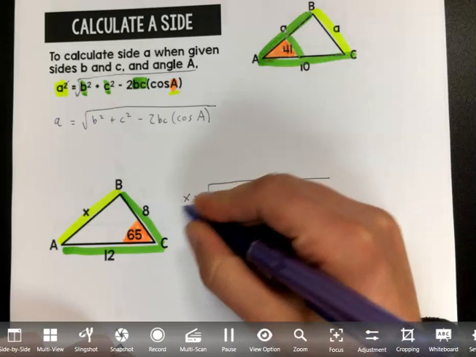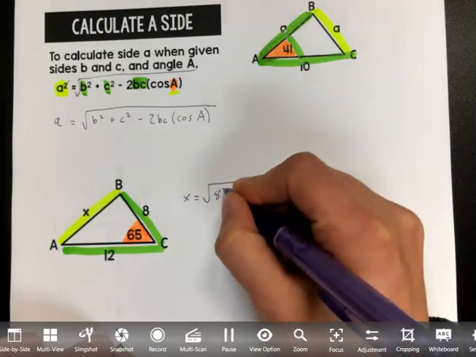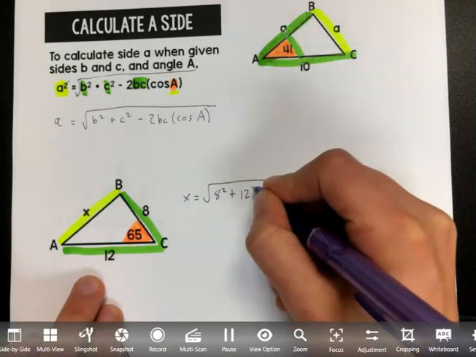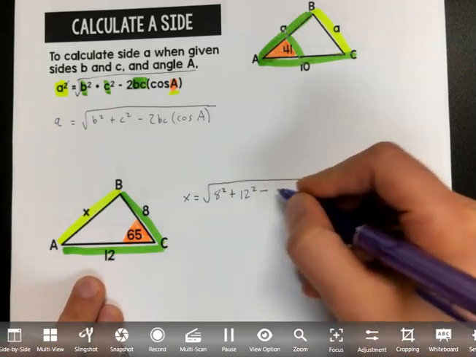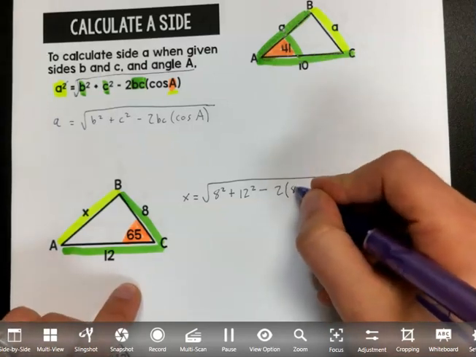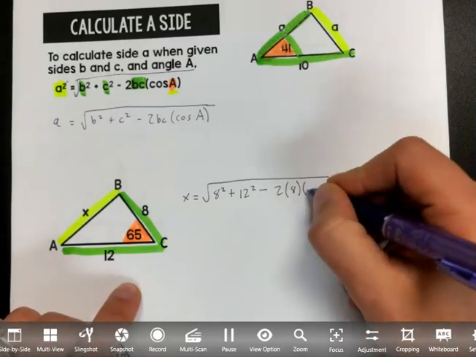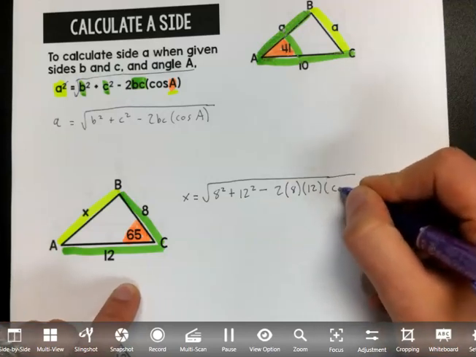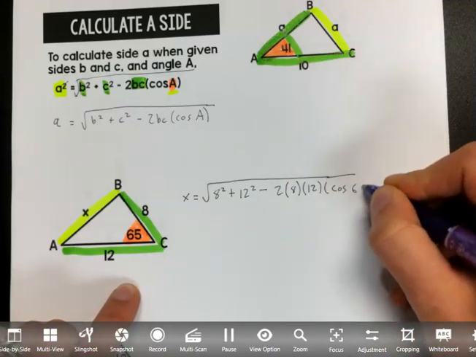Is equal to the square root of 8 squared plus, now the other side, 12 squared minus 2 times, doesn't matter which one I go with first, 8 times 12 times cosine of 65. Oops.